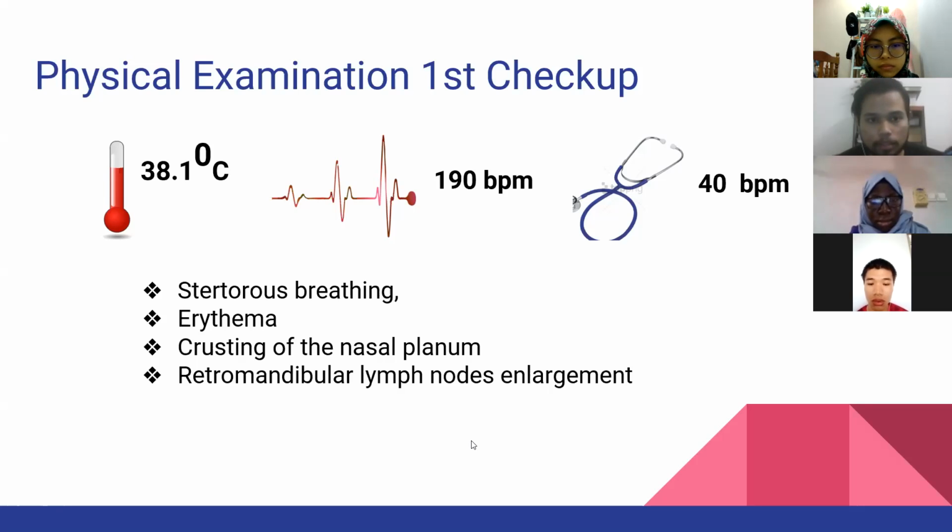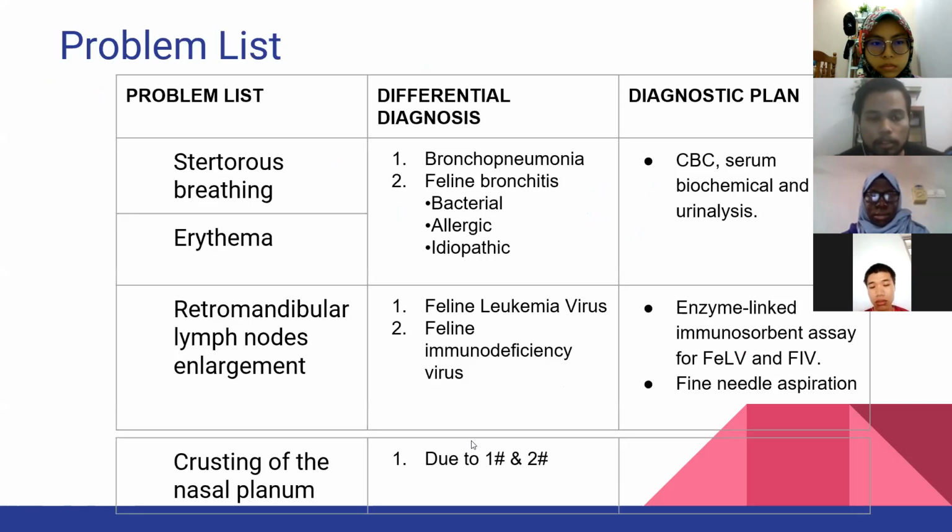The TPR is actually quite normal, all values are in the normal range, but the cat shows clinical signs such as stertorous breathing, erythema and crusting on the nasal planum, and retromandibular lymph node enlargement. So further diagnostic plans have to be made in order to diagnose this cat.